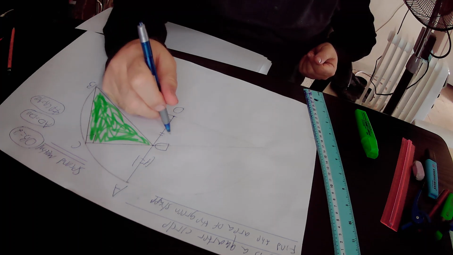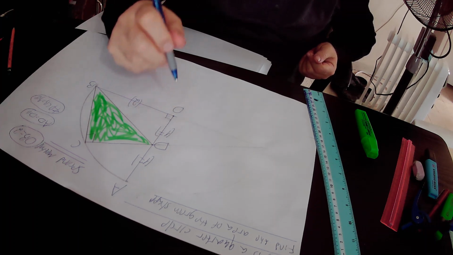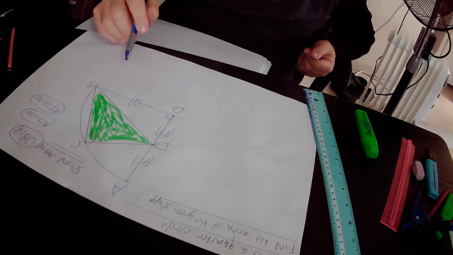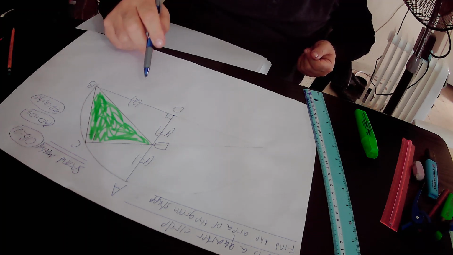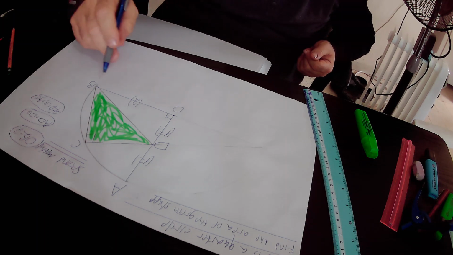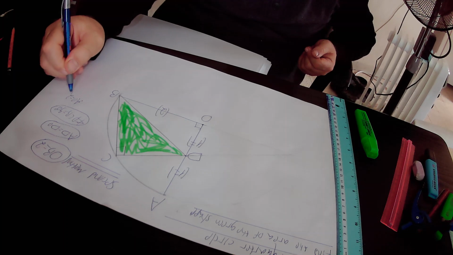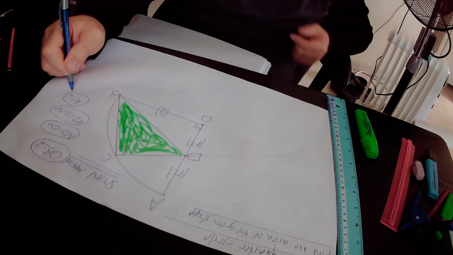DO also equals 1 unit in length. OB is the radius of the quarter circle, that is equal to 2, and AO is also the radius of the quarter circle, equal to 2 units in length. Okay?